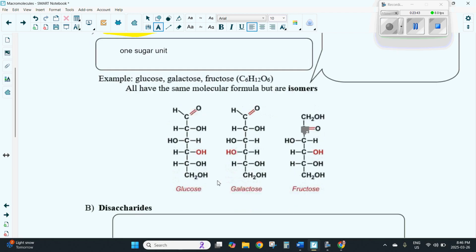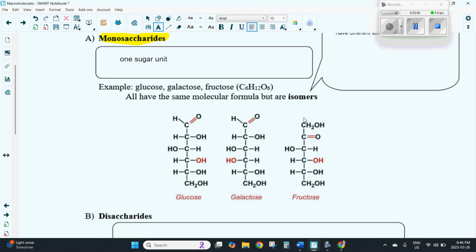Glucose, galactose, and fructose all have 6 carbons, 12 hydrogens, and 6 oxygens. But how they are arranged in their structural formula is different.